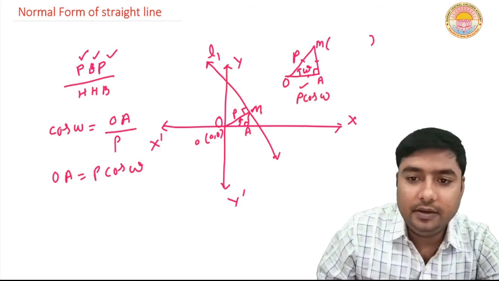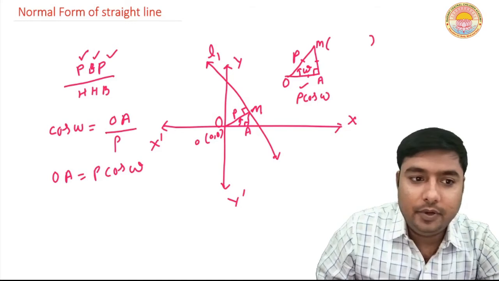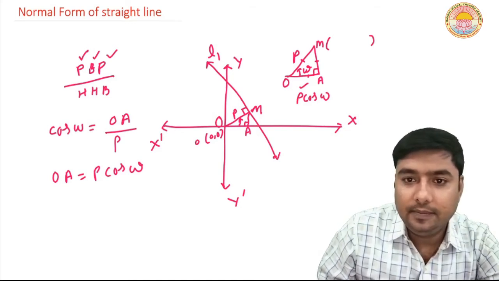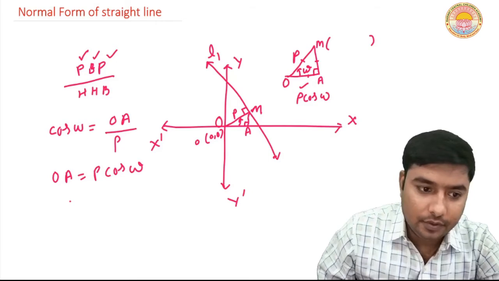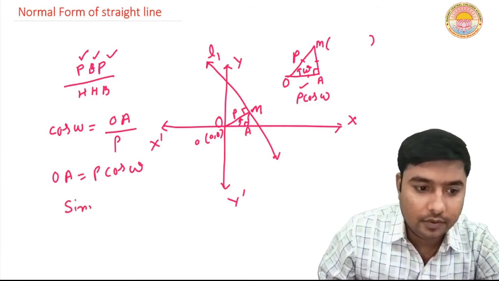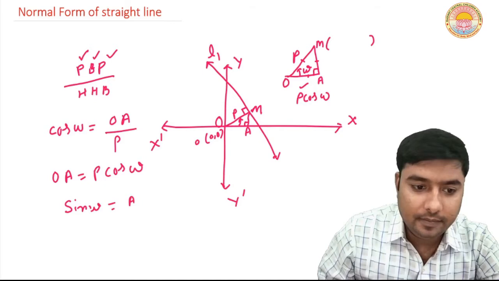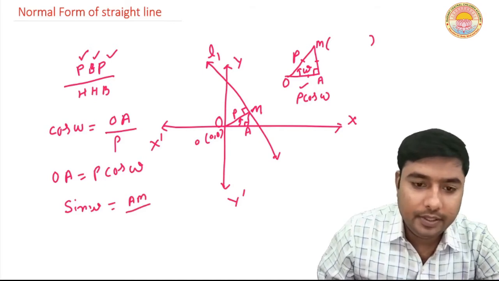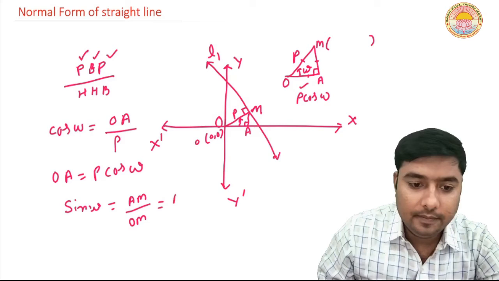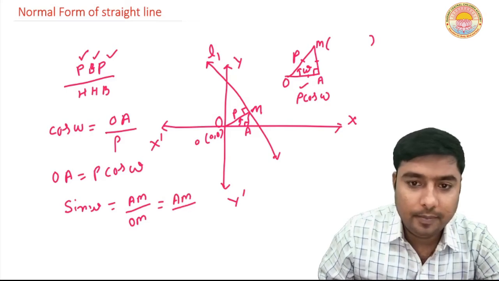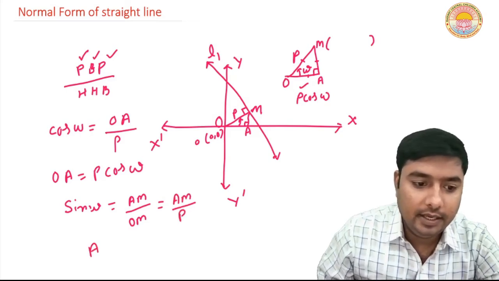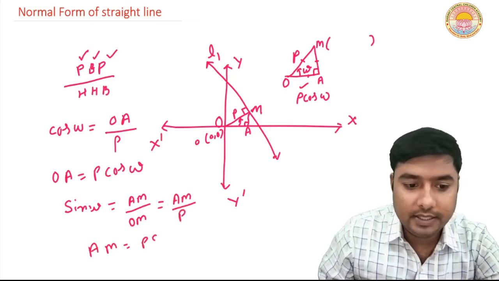Similarly, we take perpendicular upon hypotenuse. Perpendicular means AM and hypotenuse means OM. So sine omega equals AM upon OM, which equals AM upon P. Then AM equals P sine omega.